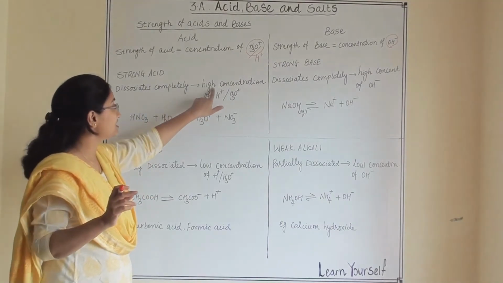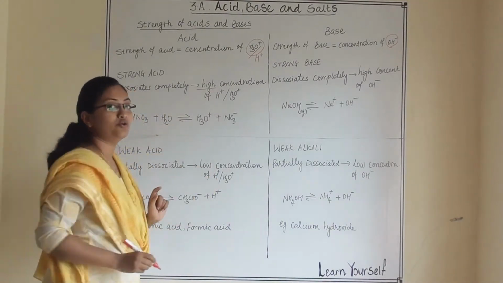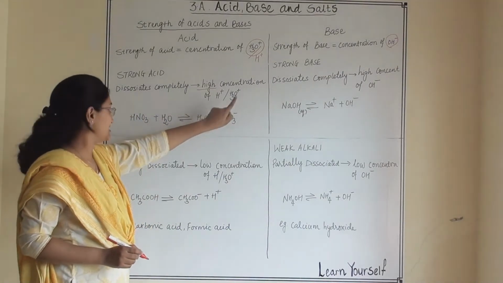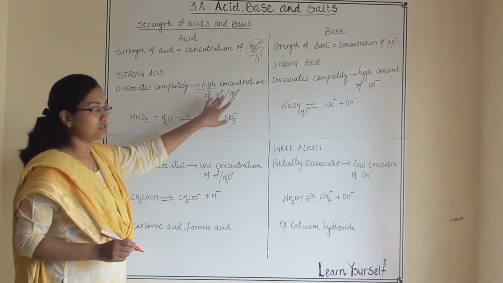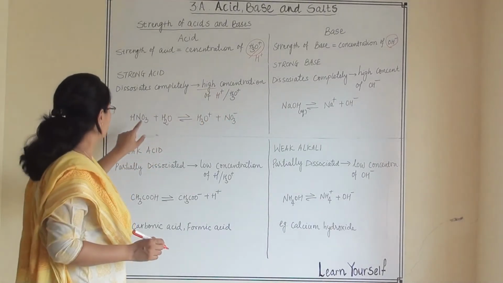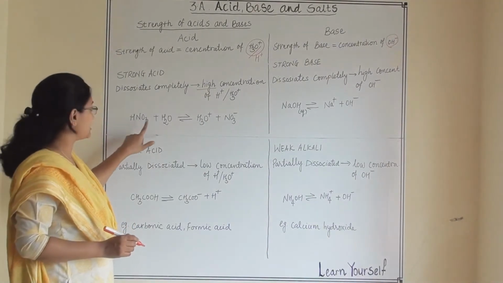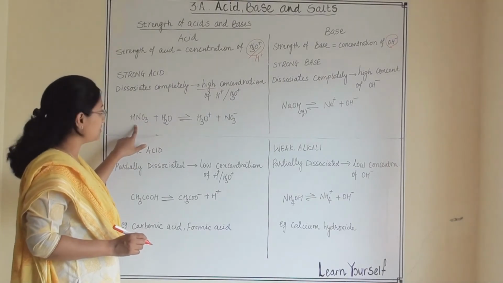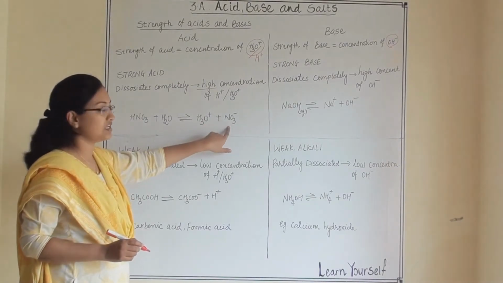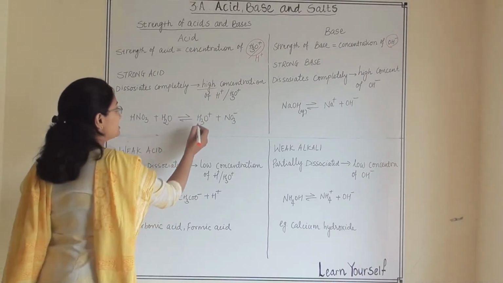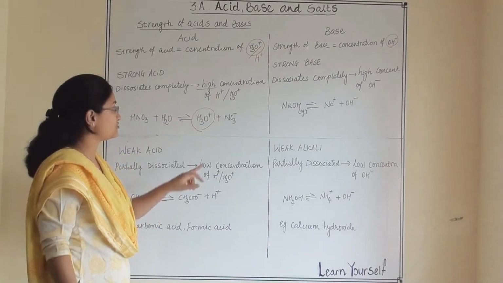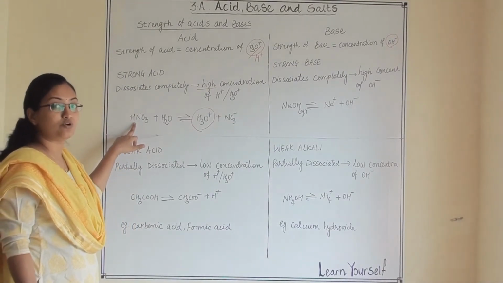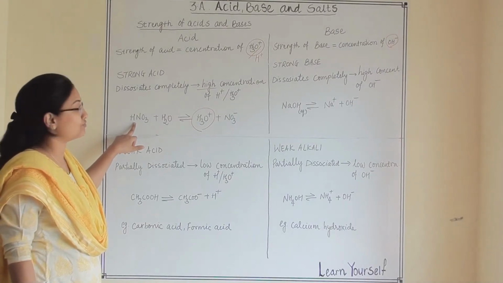That's why it generates a high concentration in your aqueous medium, a high concentration of H plus or H3O plus. You can write either one; both are the same. So when nitric acid, HNO3, is in an aqueous phase, it gives you H3O plus and NO3 minus. This is a high concentration of H3O plus, so that's why nitric acid is a strong acid. Other examples of strong acids are sulfuric acid and hydrochloric acid.